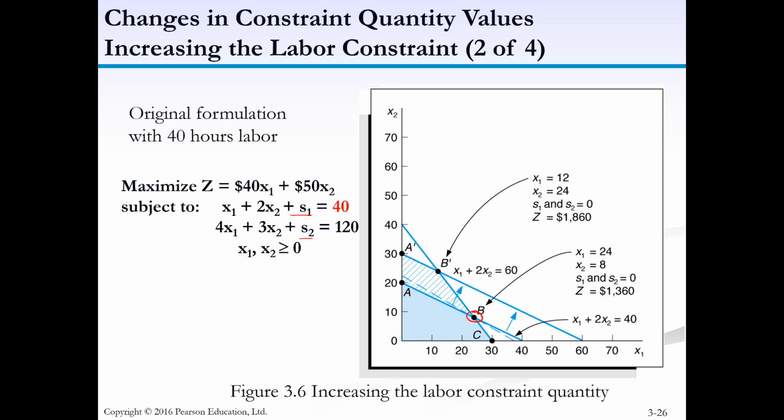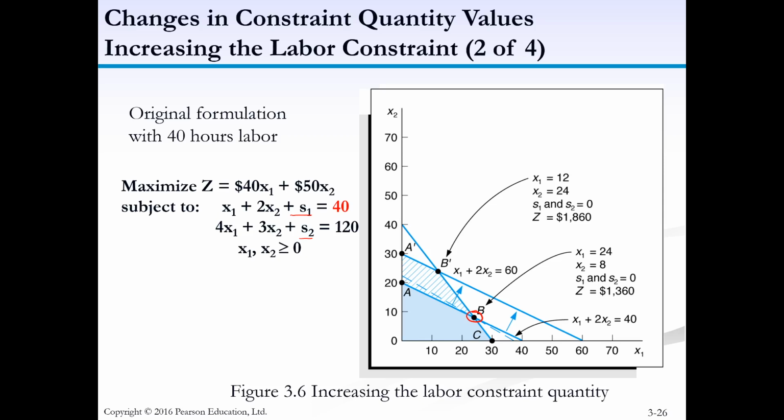Now, by changing the right hand side, we are moving the constraint either upward away from the origin or towards the origin. By decreasing it, we move towards the origin, and by increasing, we move away from the origin.